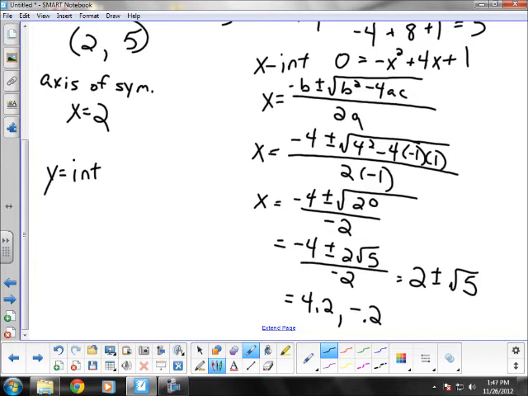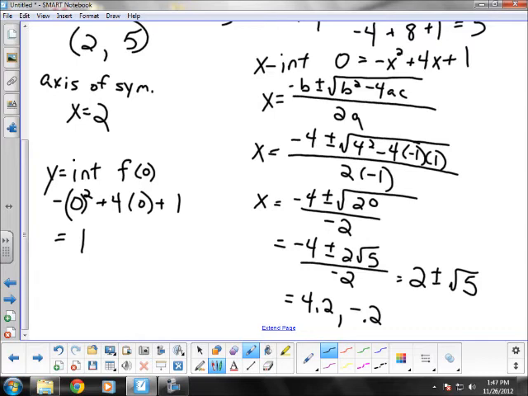So if I'm finding the y-intercept, remember I'm finding f of 0. So I get negative 0 squared plus 4 times 0 plus 1. So what's my y-intercept? 1.